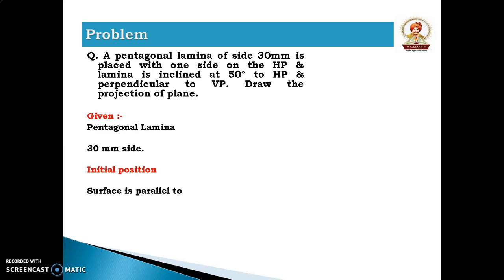Therefore, we assume the surface is parallel to the HP and the true shape is drawn in the top view. For final position, the angle inclined at 50 degree to HP is given.